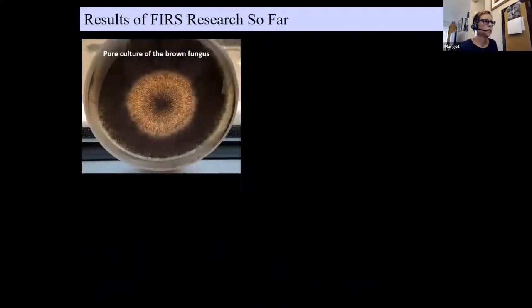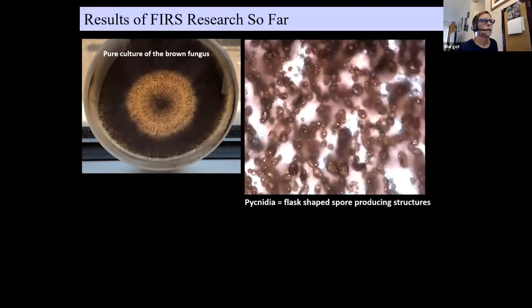The third one, that kind of diffuse brown fungus, this is what it looks like in pure culture, a little bigger colony than those initial ones I pointed out. When you get close on it, these make these little flask-shaped structures called pycnidia, and there are millions of little tiny spores inside of these little flasks.